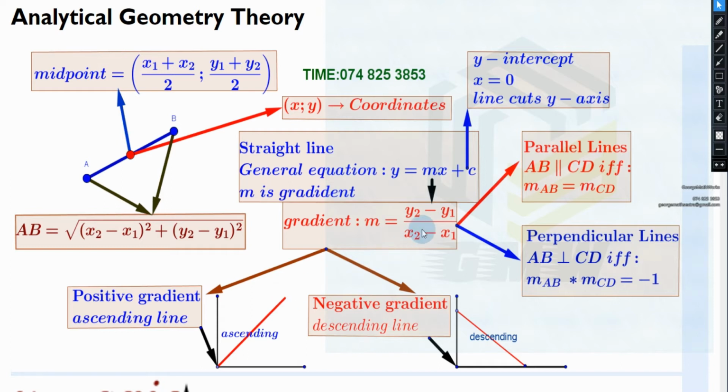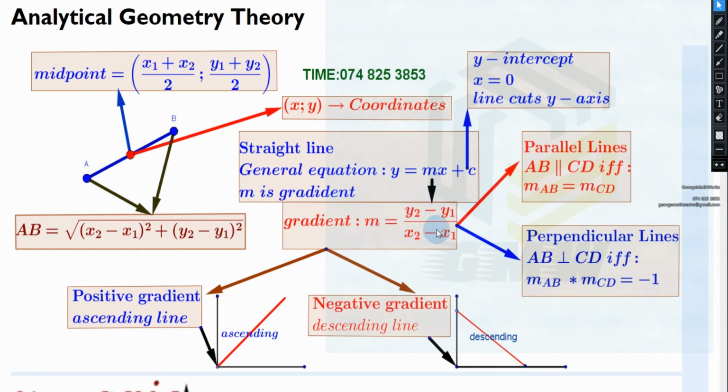If you find a positive gradient, it means the line that you are to sketch, or the line that was already sketched, should be ascending. Now, if the gradient is negative, the line should be descending, which means also that if the line is descending, the gradient should be negative. We will see with the types of questions that are asked how this can help us.